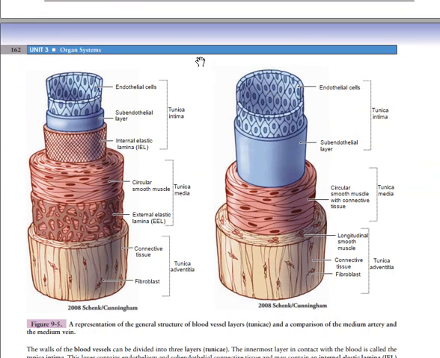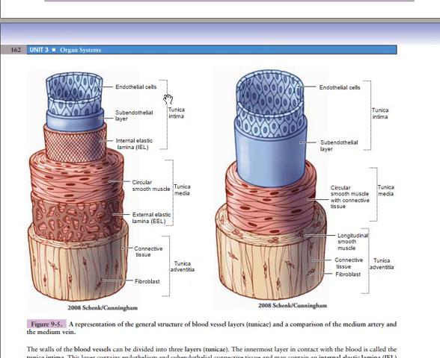Now we are finishing with the heart. Then we are going to visualize the blood vessels. Generally, the blood vessels are divided into arterial blood vessels, and this is the general diagram for the venous blood vessels. For the arterial blood vessels, all of them have tunica intima, media, and adventitia.